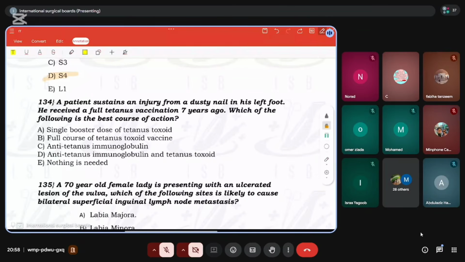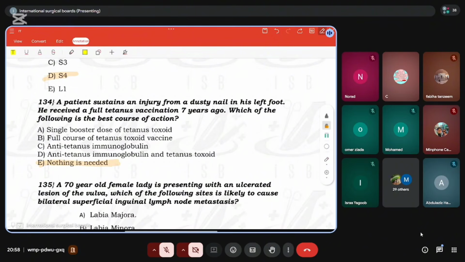Yes, according to the guidelines, everyone agrees that if you have had a full course of immunization, and the last dose was within 10 years ago, then you need nothing. Even if it's a high tetanus prone wound, you need absolutely nothing.